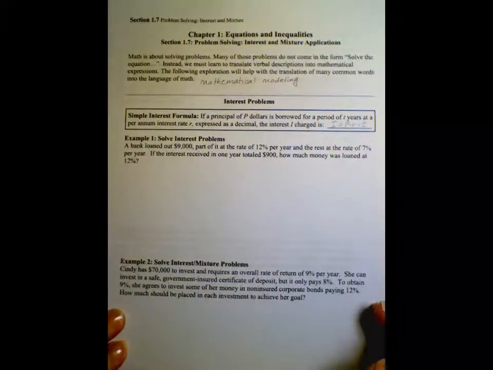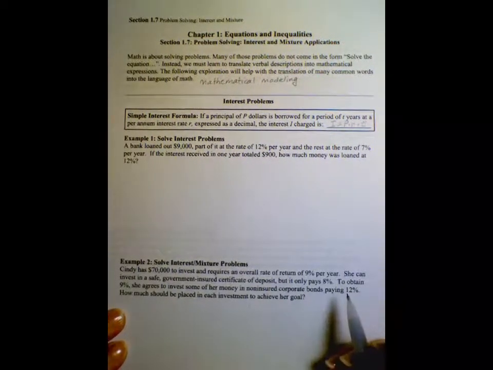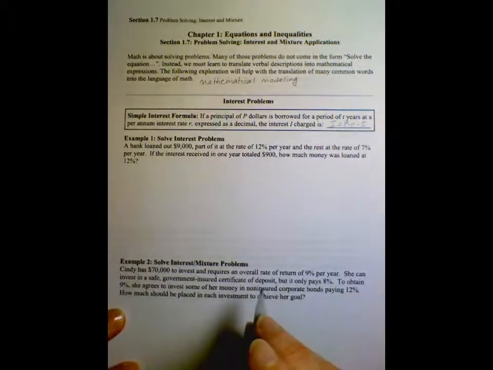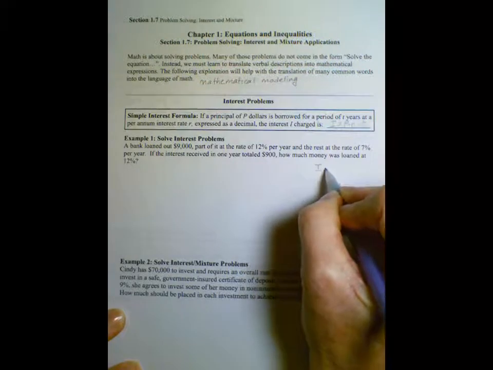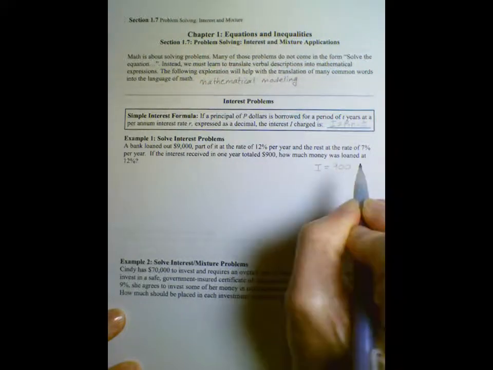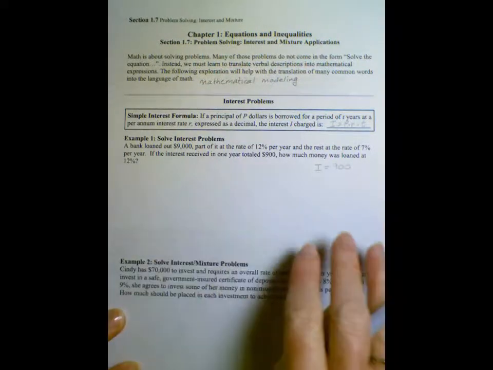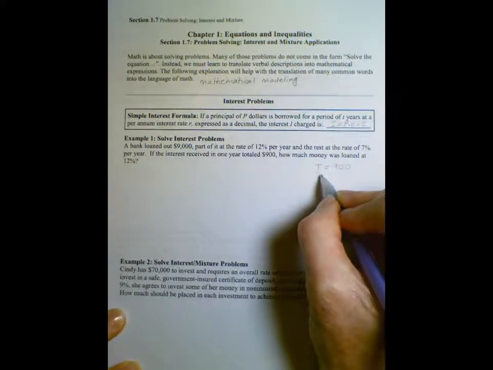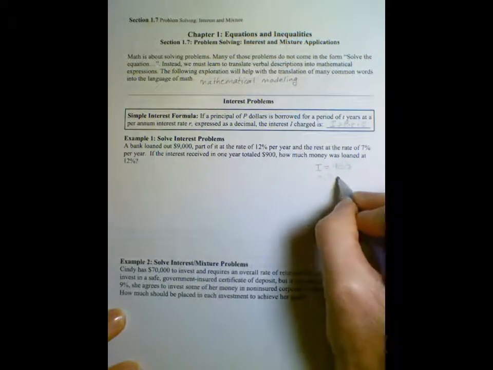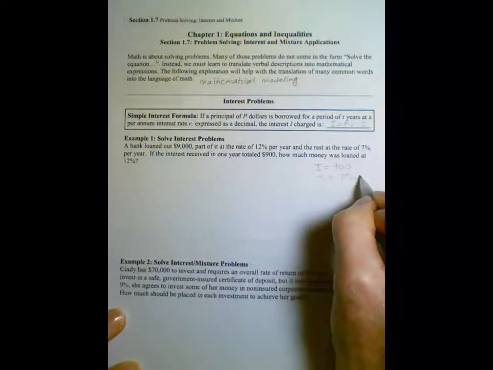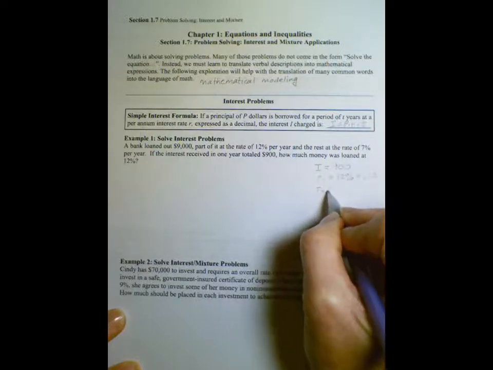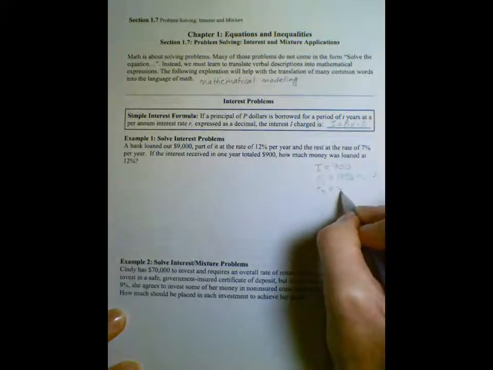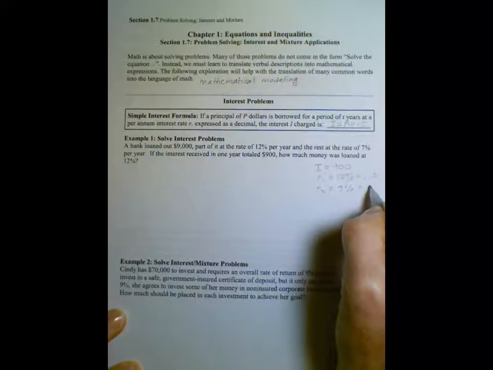So you have to pay interest on a loan because you're using someone else's money, right? So the interest that they received, we know that number, it's 900. We're going to split in 2 piles. We're going to have a rate for pile 1, and we'll just make that the first rate, 12%, or as a decimal, 0.12. We'll have a rate for our second pile of money, and that's 7%, or 0.07.